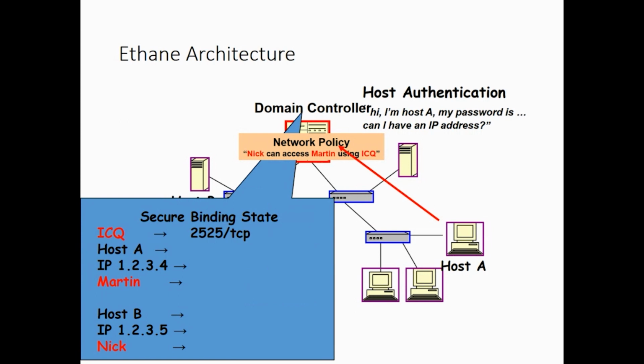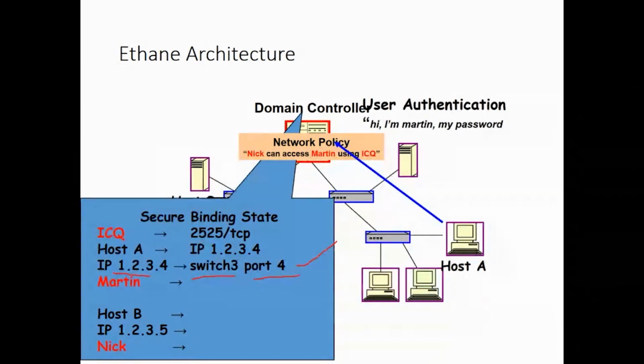Then the domain controller defines the IP address for host A and lets host A be connected on switch 3 and port 4. That's all accounted and saved in the log file in the domain controller. So we know now that host A is connected on switch 3, port 4, and using this certain IP address.